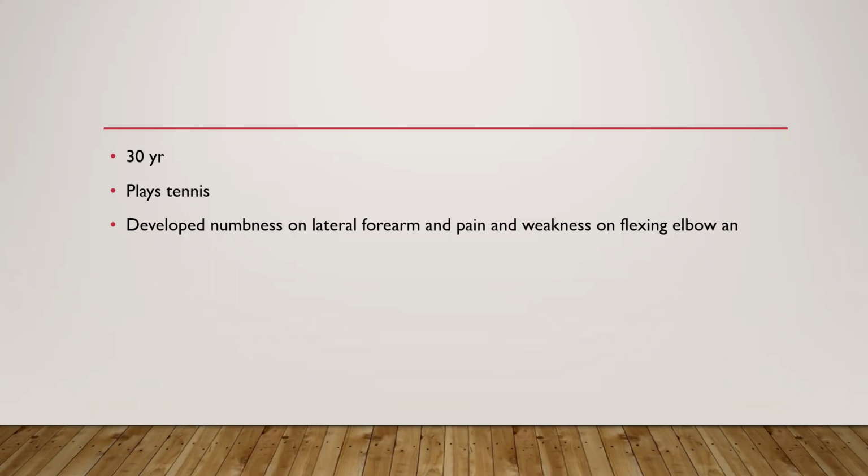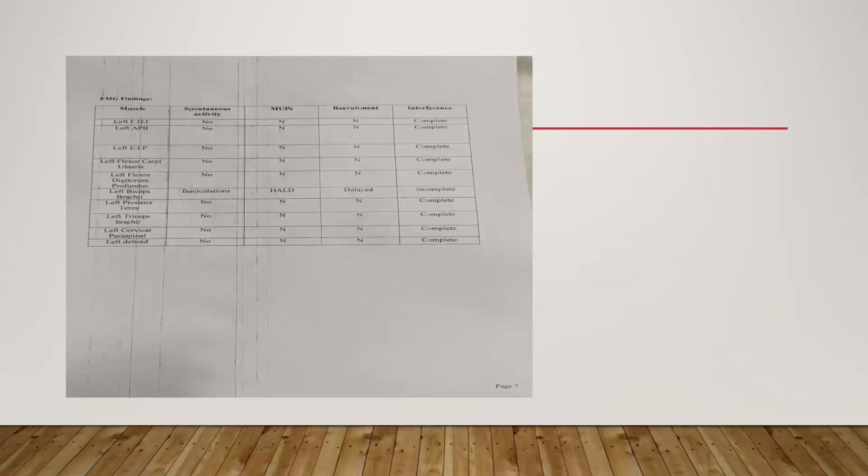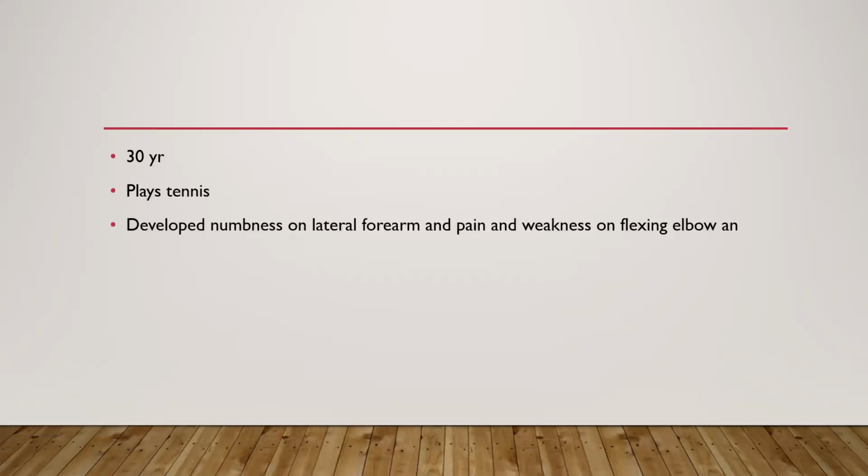30-year-old male playing tennis developed numbness of lateral forearm and pain and weakness of flexing of the elbow. What do you think, from the history, any clue? From the history, patient is a tennis player and developed lateral forearm numbness.